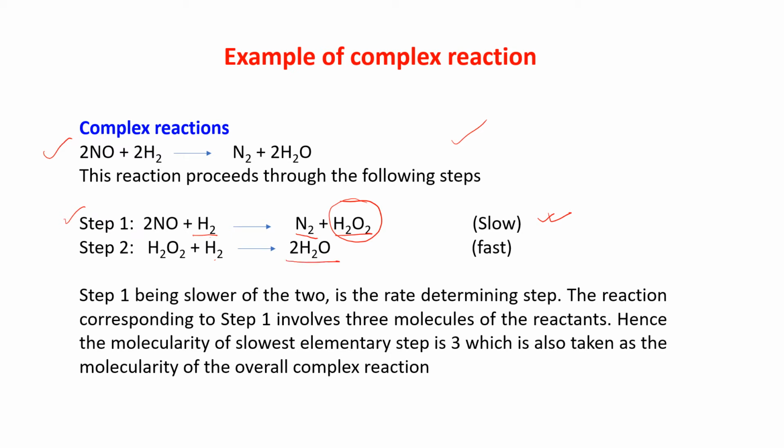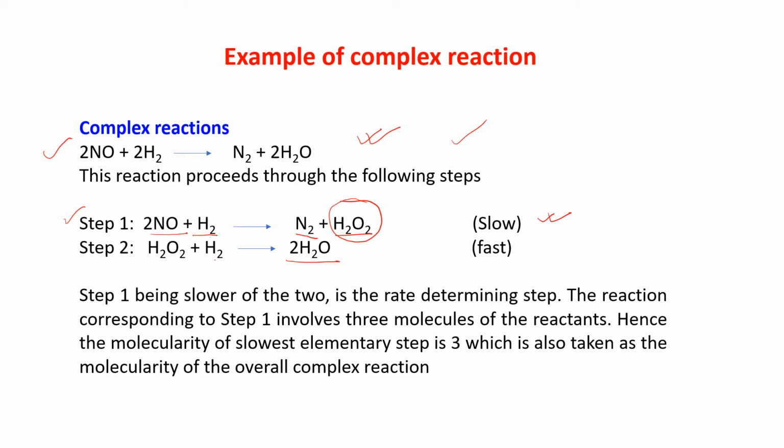Altogether, I am getting 2NO plus 2H2 on the left hand side, that is H2 plus H2. You can add these two reactions, you will get the overall reaction. Now step 1, being slower of the two, is the rate determining step as I told you. The reaction corresponding to step 1 involves how many molecules?